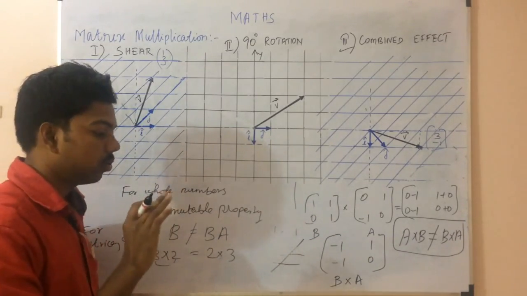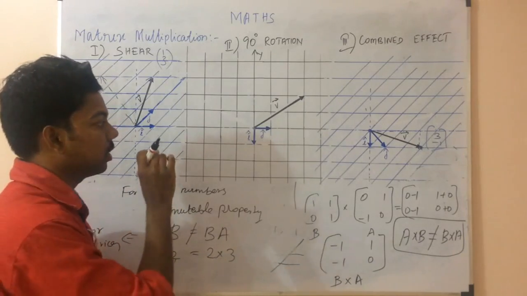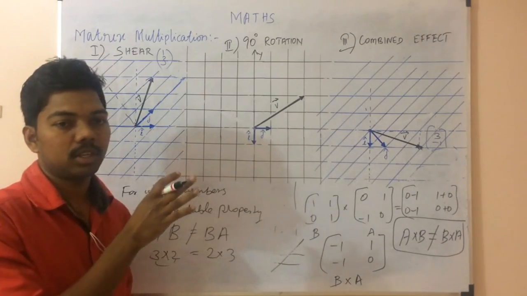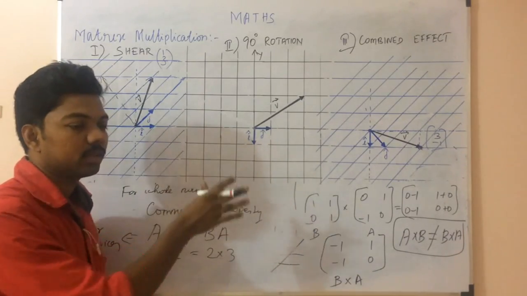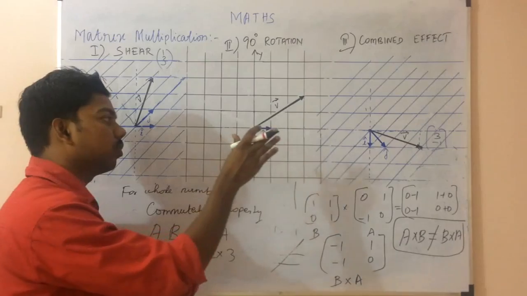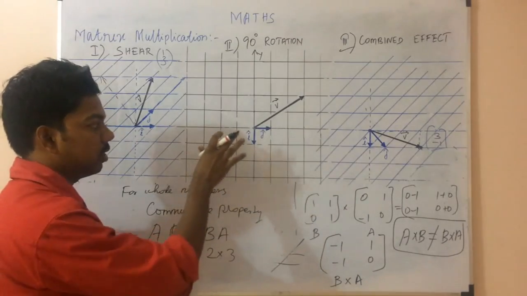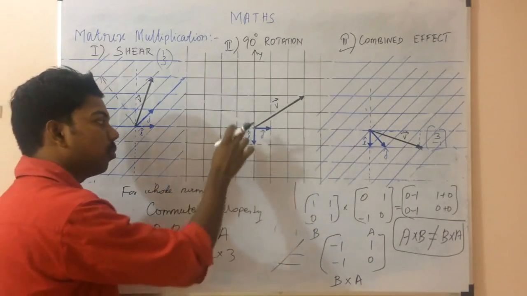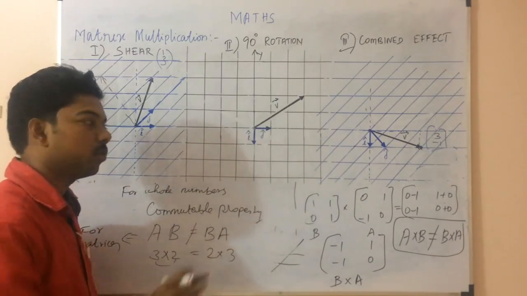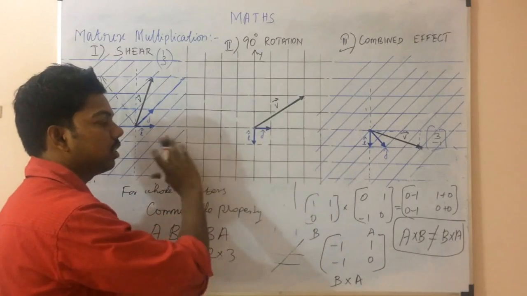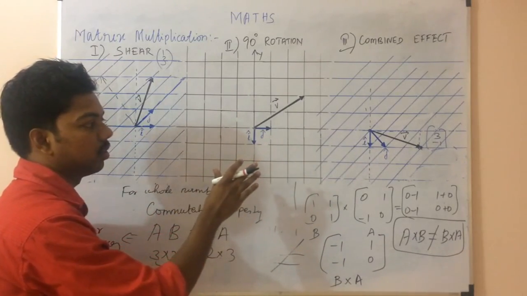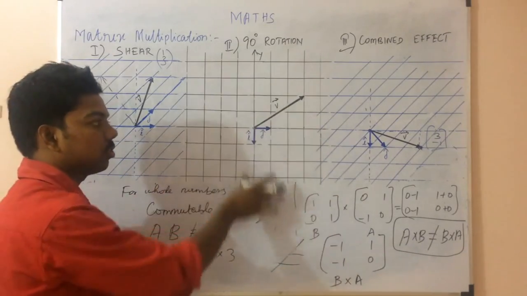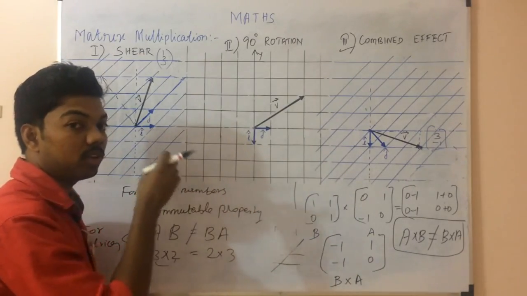One point you have to note: we are representing these matrices in 2 dimensions. If you consider a dimension as a direction, then one more dimension you have to add. In this space we are only considering two dimensions, because if you add a dimension, it is more difficult to represent the vectors and more difficult to understand.